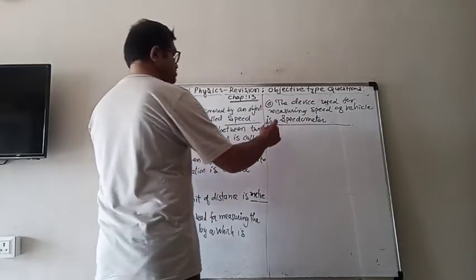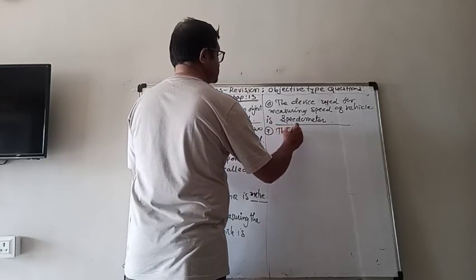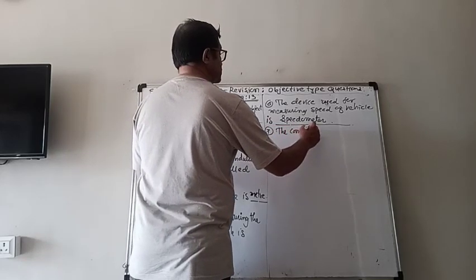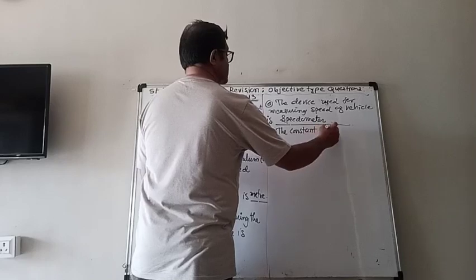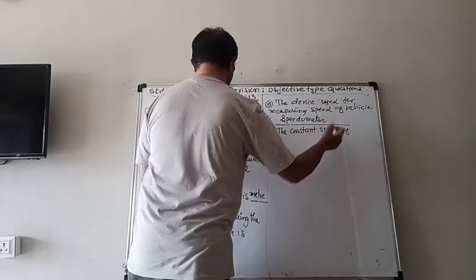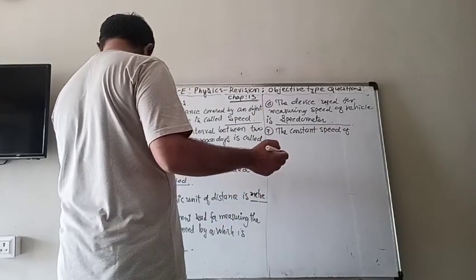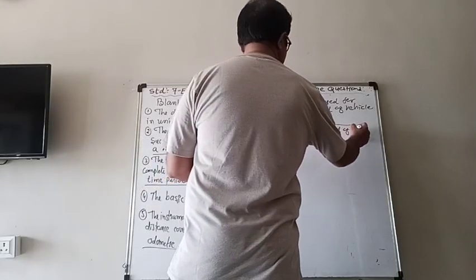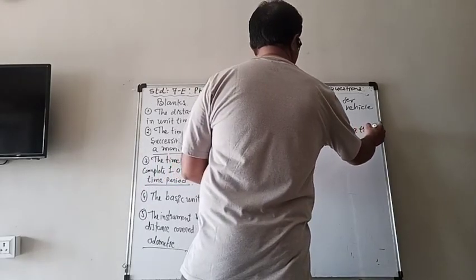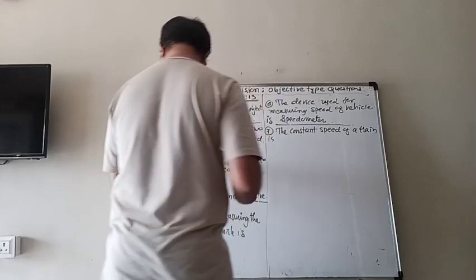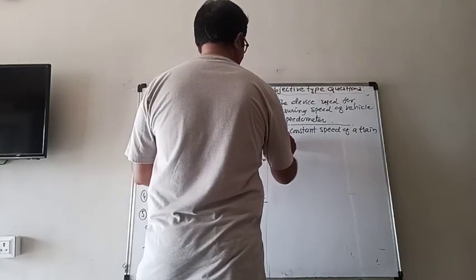The constant speed of a train is 100 km per hour.